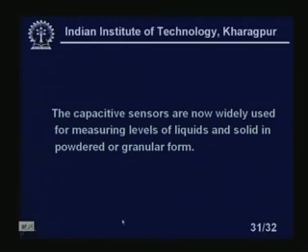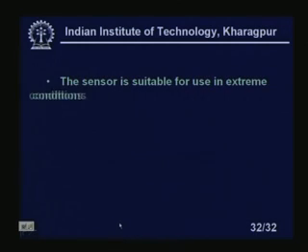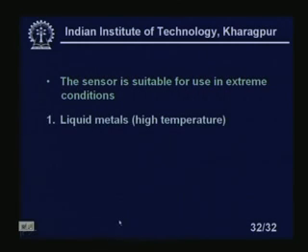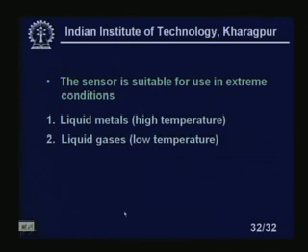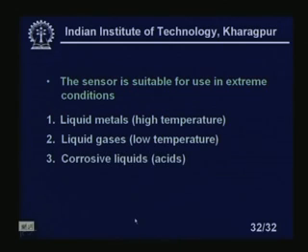Capacitive sensors are now widely used, as I told you earlier also, for the levels of liquids and solids in powder or granular form. The sensor is suitable for use in extreme conditions: liquid metals at high temperatures we can measure, which is not possible with other sensors, and liquid gases at low temperatures also we can measure. Corrosive liquids like acids and caustics, where it is very difficult to measure with any other sensors, are very easy with capacitive sensors.